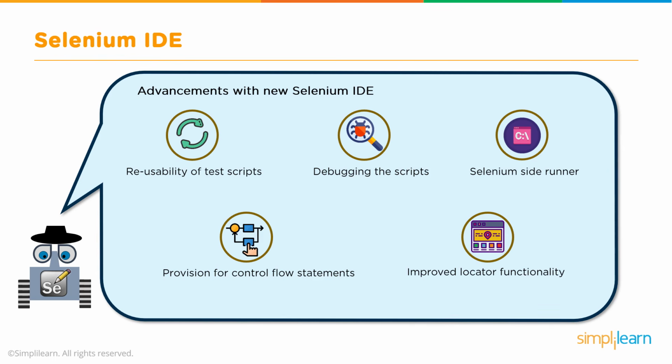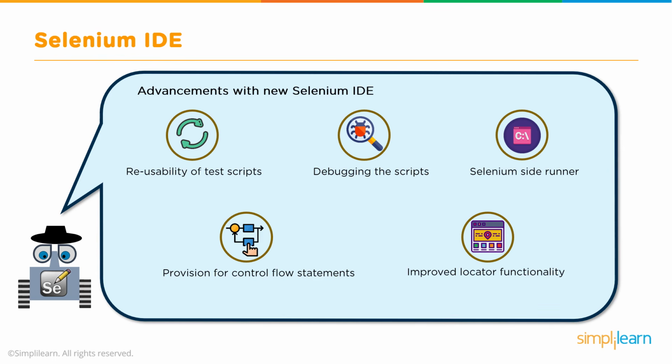Then there are control flow statements. Initially, in the previous versions of IDE, control flow statements were available, however one had to install a plugin to use them. But now they are available out of the box. And what are these control flow statements? These are your if-else conditions, while loops, switch case, and so on. It also has an improved locator functionality, which means it provides a failover mechanism for locating elements on your web page.